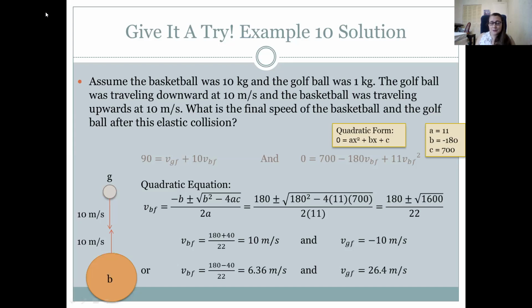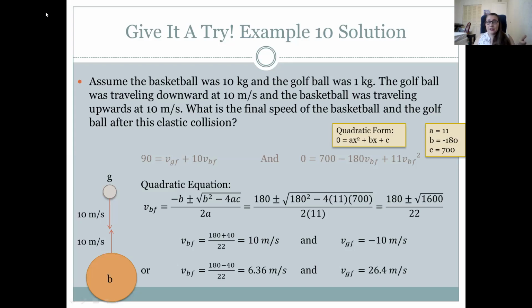We saw that same result happen with example number 9 as well. So if we just think about this scenario, we know that they're colliding. We can automatically throw out that first set of answers because they imply that there's no collision.